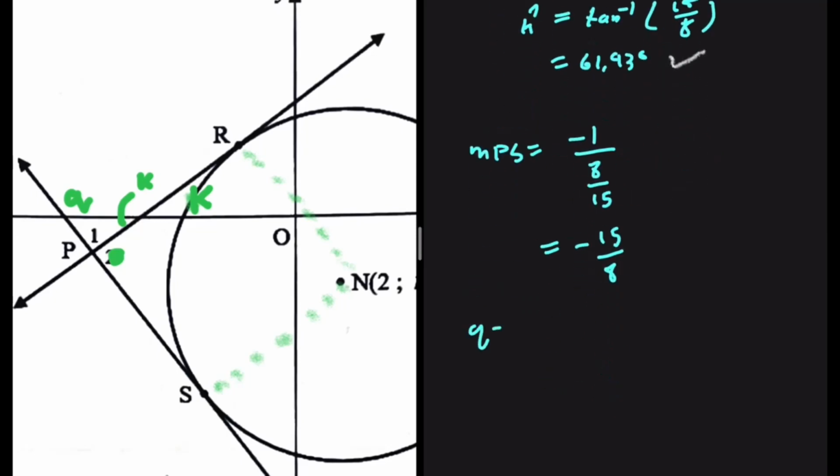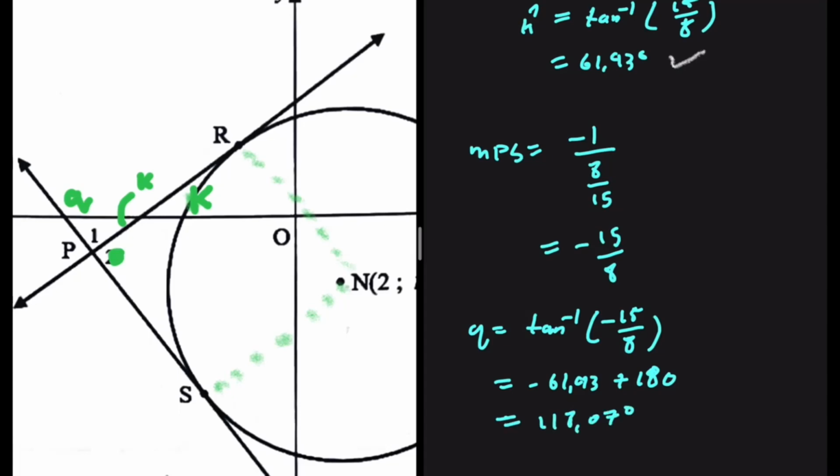So Q, angle Q, will be equal to tan inverse of minus 15 divided by 8. This is minus 61.93. If we have a negative, we can just simply add 180 to find the angle of inclination. We're going to get 118.07 degrees. So now we have Q.